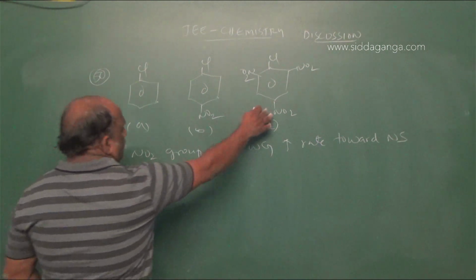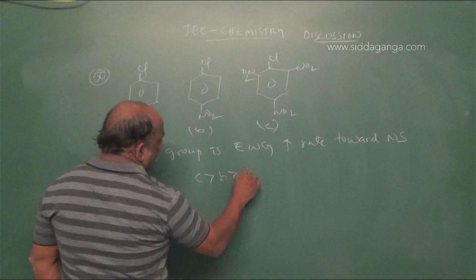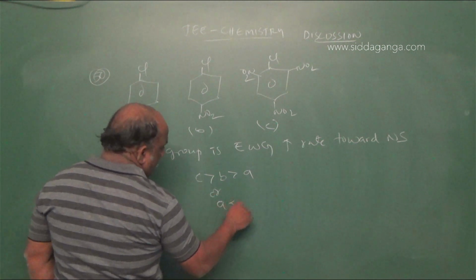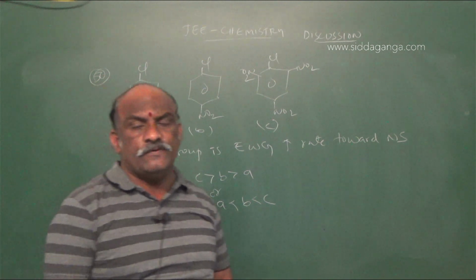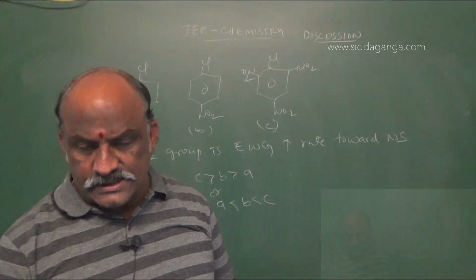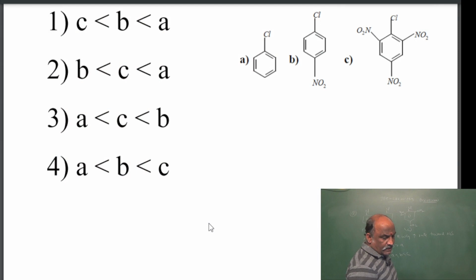So C is greater than B greater than A, or A less than B less than C. C is most reactive, next B, next A. Here there is 1 NO2, here 3 NO2 groups. As NO2 groups increase, haloarenes are more reactive towards nucleophilic substitution. Without NO2 groups, haloarenes are less reactive. So option 4 is right for this question.